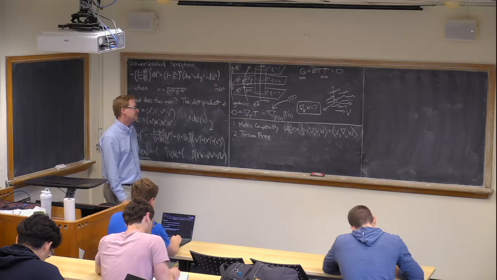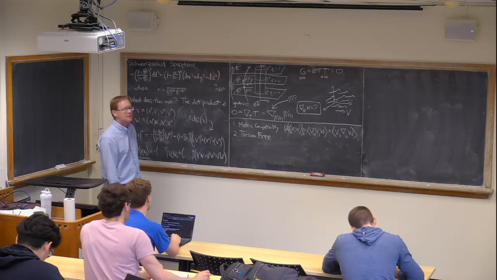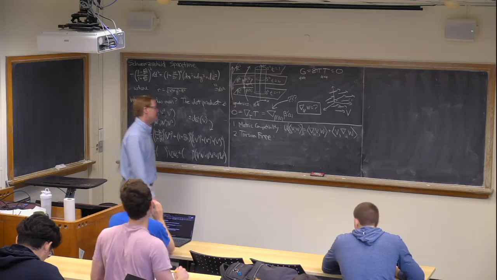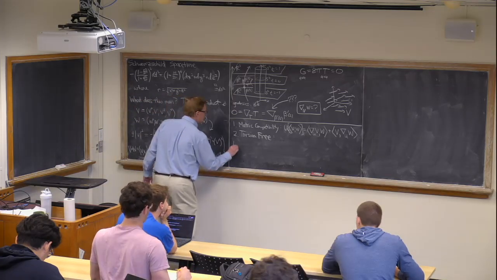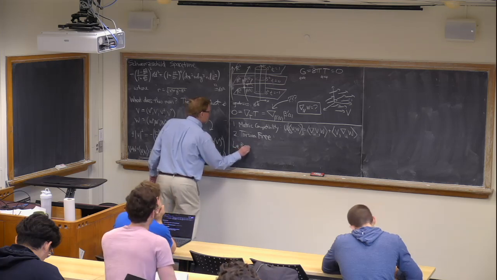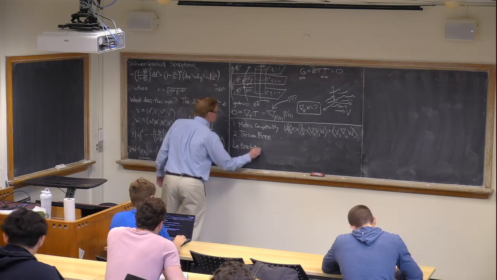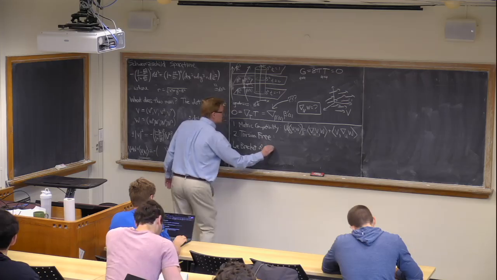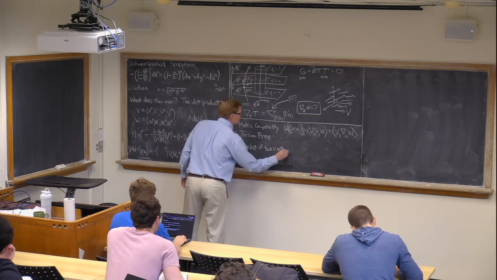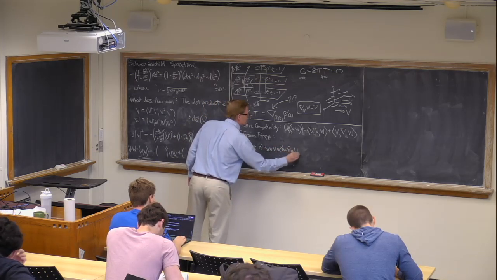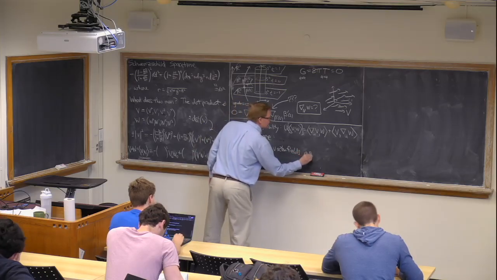Okay. Now, this requires me to come up with a new thing. I've got to tell you what it is. It's called the Lie bracket of two vector fields. That is another vector field.